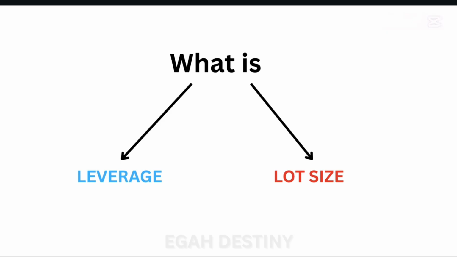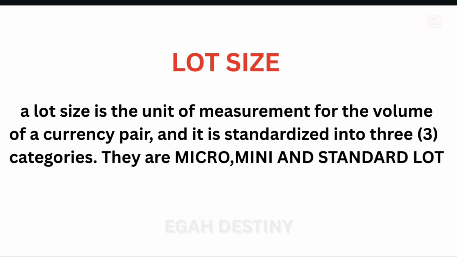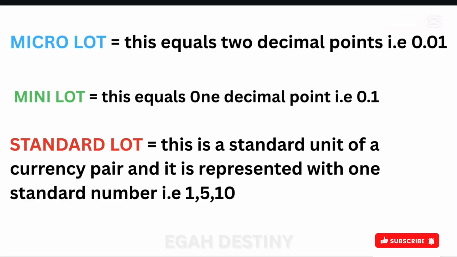Now, for a recap, what is leverage and lot size? We understand that a lot size is the unit of measurement for the volume of a currency pair, and it is standardized, broken down into three categories. They are micro, mini, and standard lots. Micro lot equals 2 decimal points, i.e. 0.01. Mini lot equals 1 decimal point, 0.1.